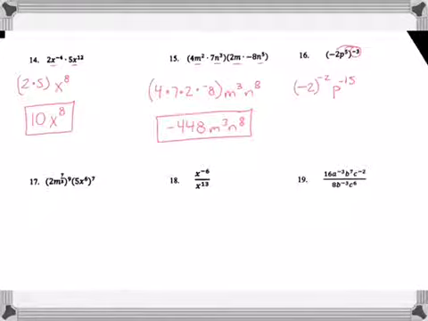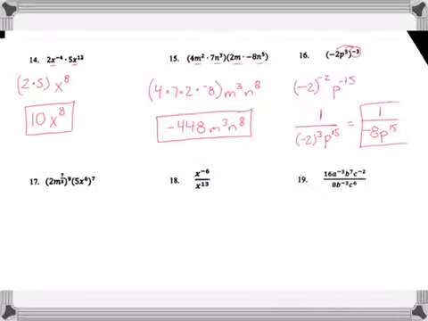Both of these are negative exponents, so we want to drop them underneath in order to get rid of the negative exponent. So I've got 1 over negative 2 to the 3rd, p to the 15th power. Well, negative 2 to the 3rd power is going to give us negative 8. So our final answer is 1 over negative 8 p to the 15th power.